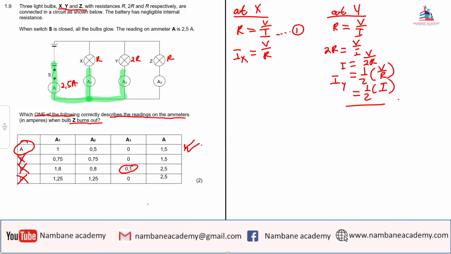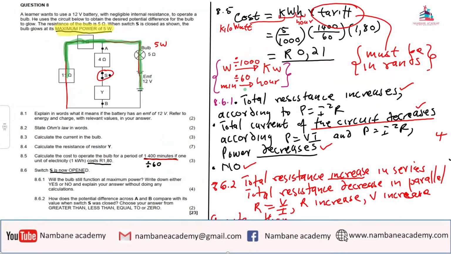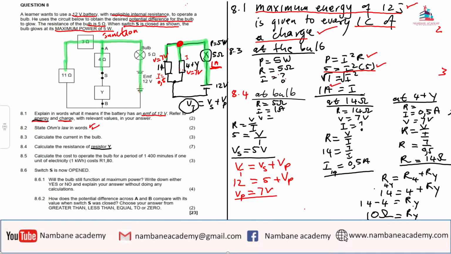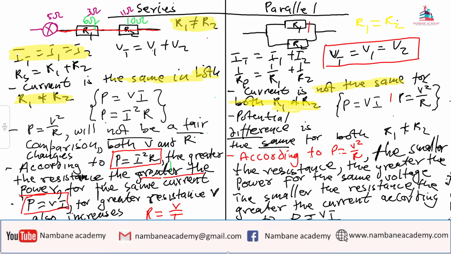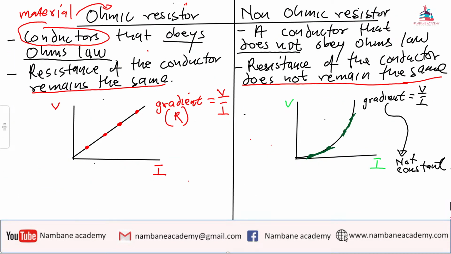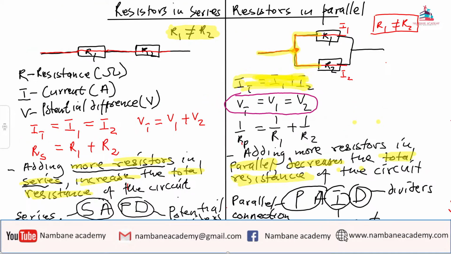Let me go to this slide. It will assist you and everybody that is in here. Hence, I said that slide, ladies and gentlemen, it is the mother of slides. Adding more resistors in series increases the total resistance of the circuit.